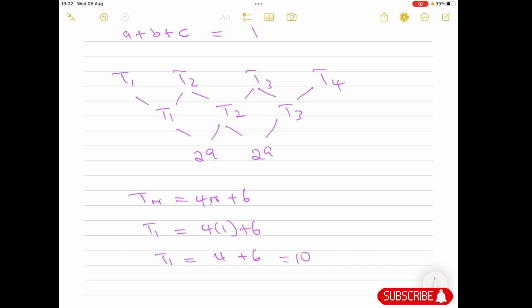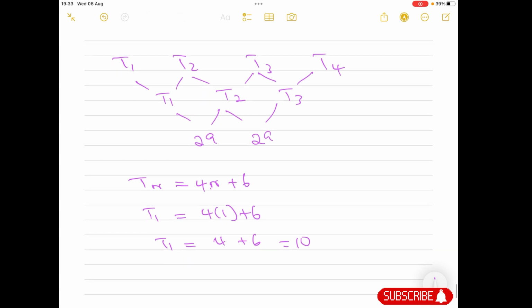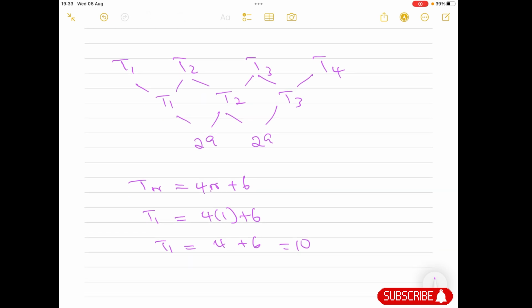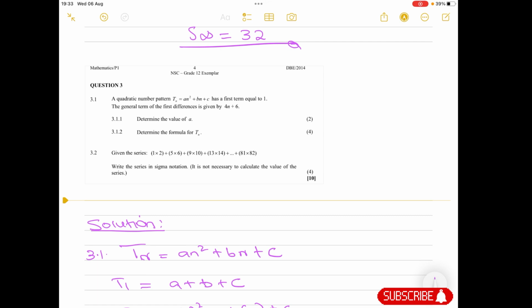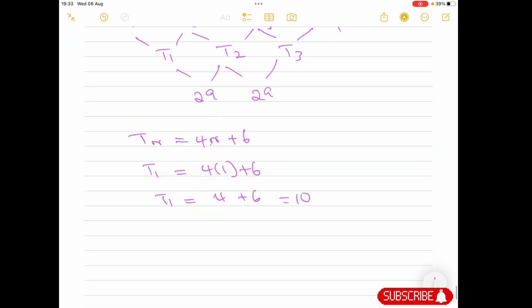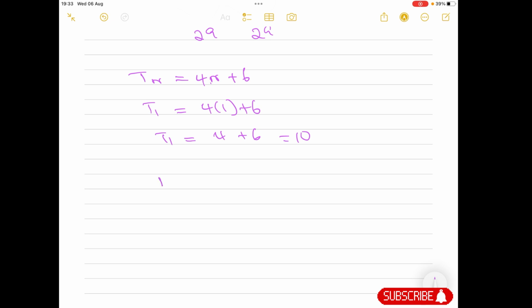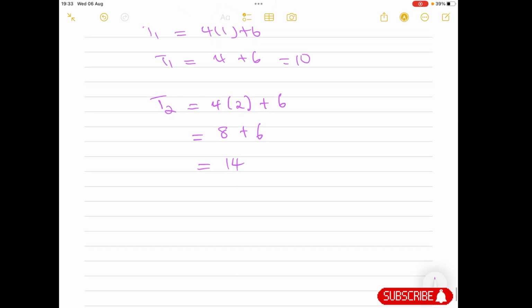We are looking at the first difference since the general term given to us refers to the first difference. If I can know T1 and T2, that can make my life easier to get A, since the first question requires me to find the value of A. So it will be 4 times 2 plus 6. 4 times 2 is 8, 8 plus 6, and the result here is 14.